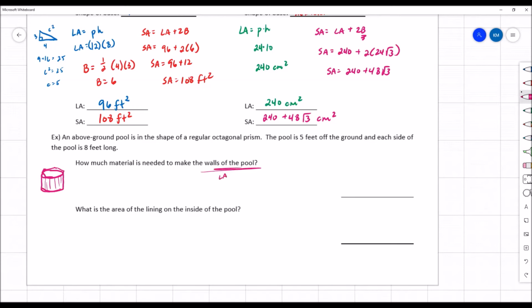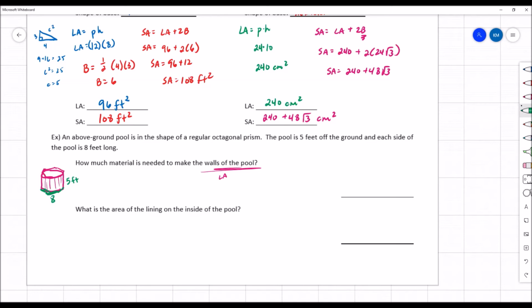And we can do that because they gave us a lot of information. They told us that the pool is 5 feet off the ground on each side. And so that tells us this height, this altitude, must be 5 feet. They told us that each side of the pool is 8 feet long. So it's an octagonal pool and each side is 8 feet long: 8 sides, 8 feet each.